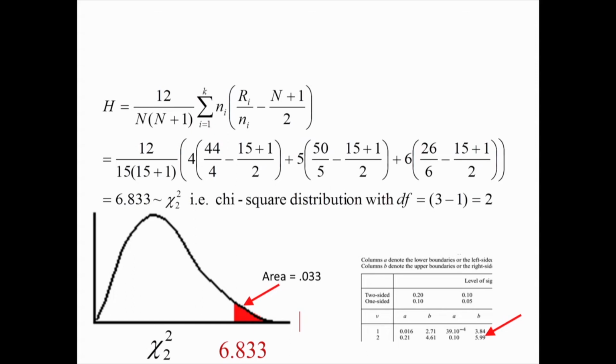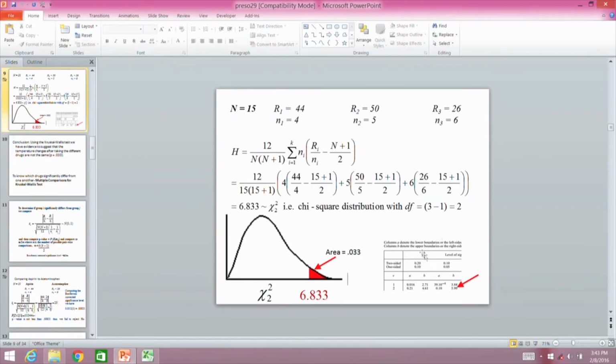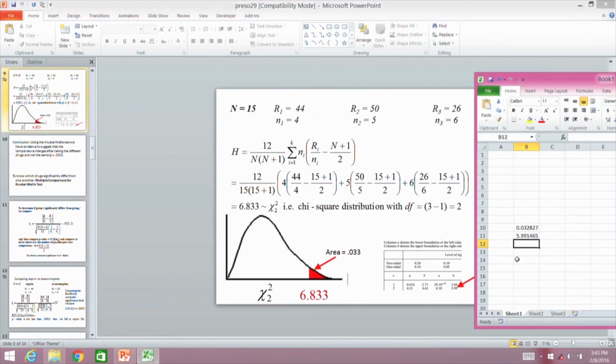We can get it using Excel. So, Excel has this command called CHIDIST. I had explained this command. So, with CHIDIST we put 6.833 comma 2 degrees of freedom, and it gives you 0.03287, that is the probability, or that is the area under this curve. Okay.